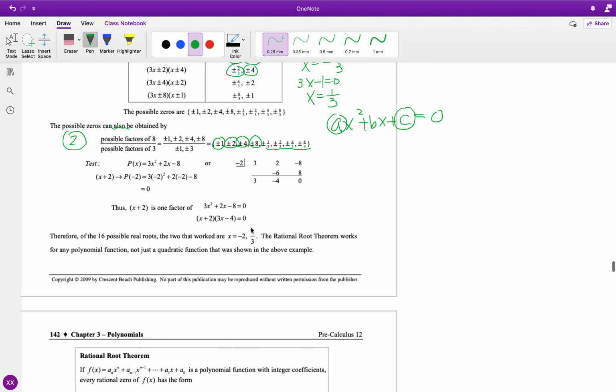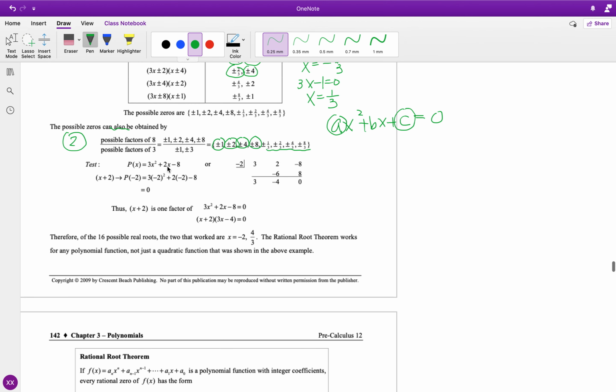So in this case, you try positive 1 to see whether or not P(1) is equal to 0, that is, whether your remainder is 0. It turned out to be not 0.